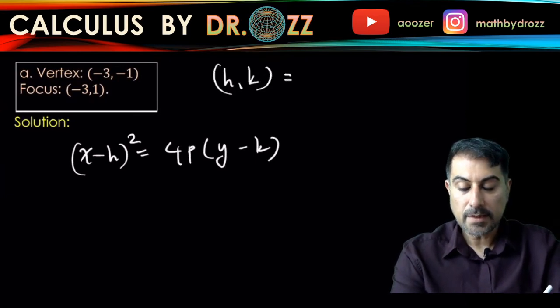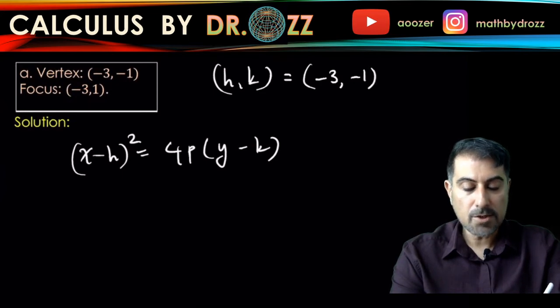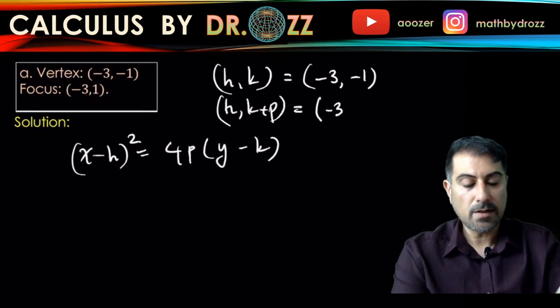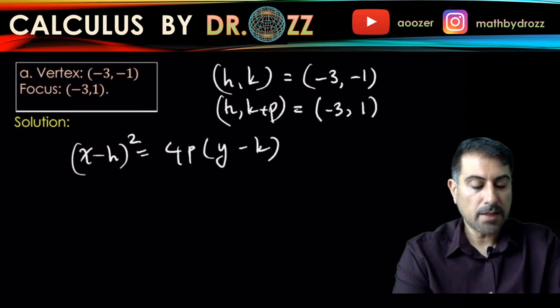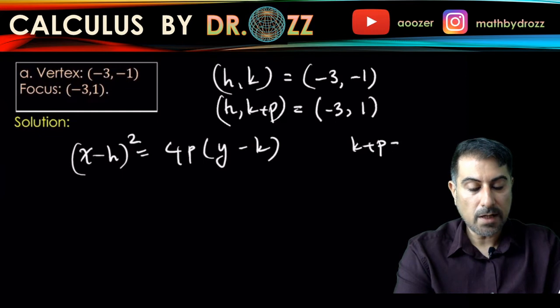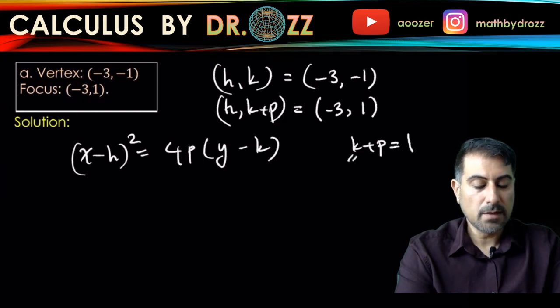As I said, the focus is (h, k plus p). It's already (-3, 1), but k is -1, so k plus p equals 1, for k being -1, which means that p is equal to 2.